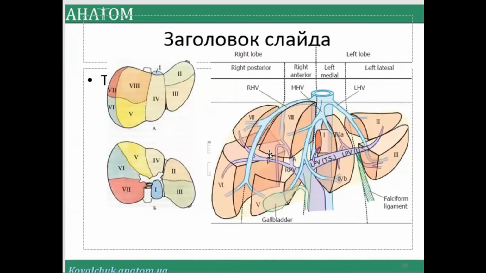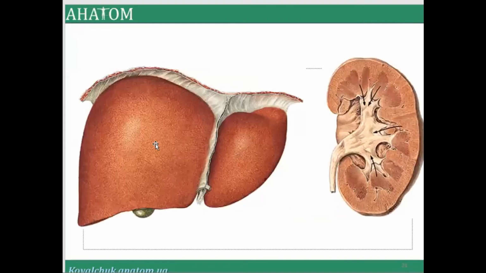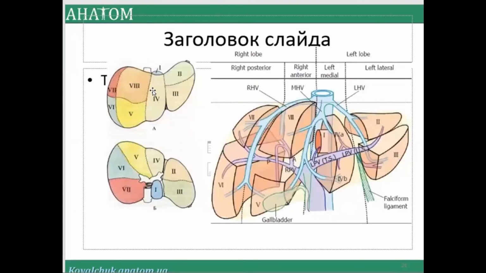Next, here, if you look, some structure of the liver. Yes, it's a segment. We looked at the structure. It's the parts of the liver, right and left. And next, the liver has lobes. Lobes include some segments. 8 segments in a liver.